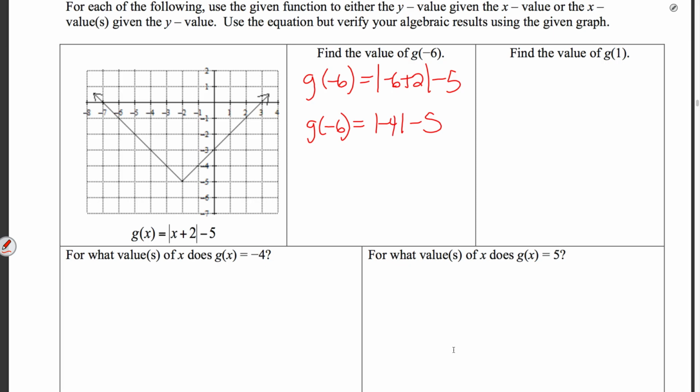That's 4 minus 5, so g of negative 6 equals negative 1. But I didn't need to do that because I have the picture over here. If I go to negative 6, y equals negative 1. Now, what is g of 1? Negative 2. We don't need to plug it all in, right? So g of 1 equals negative 2.